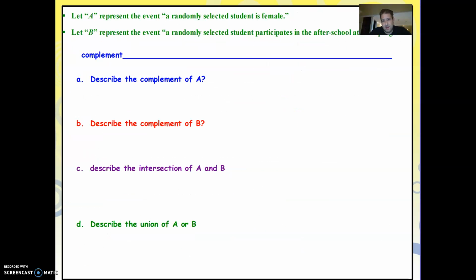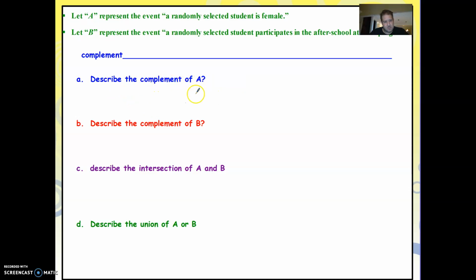All right, so now the way I've identified each of the events using letters makes it easier to write the question. So complement just means everybody that's not included in a given sample set. So if A represents females, then the complement of A is everybody who's not a female, which in that case, since there's only two choices, male or female, technically should be the same thing.